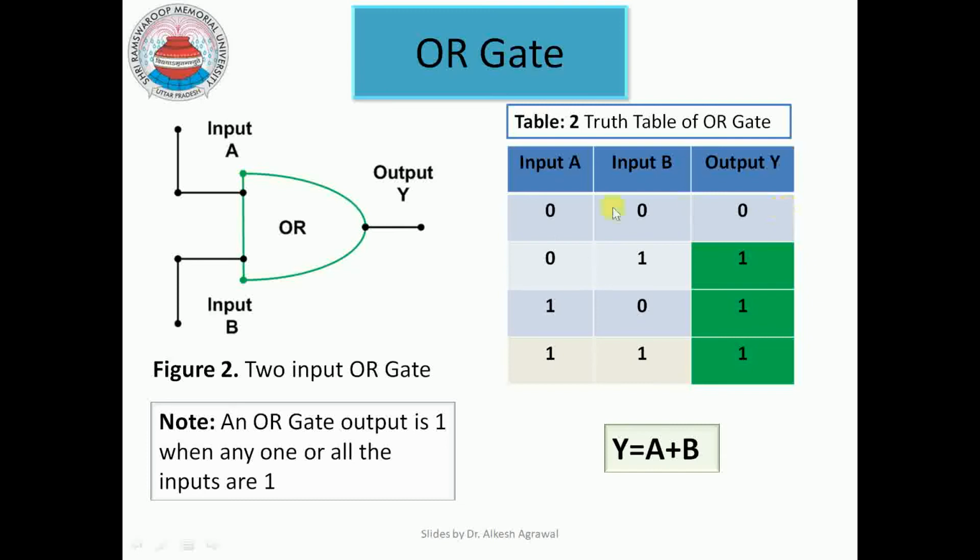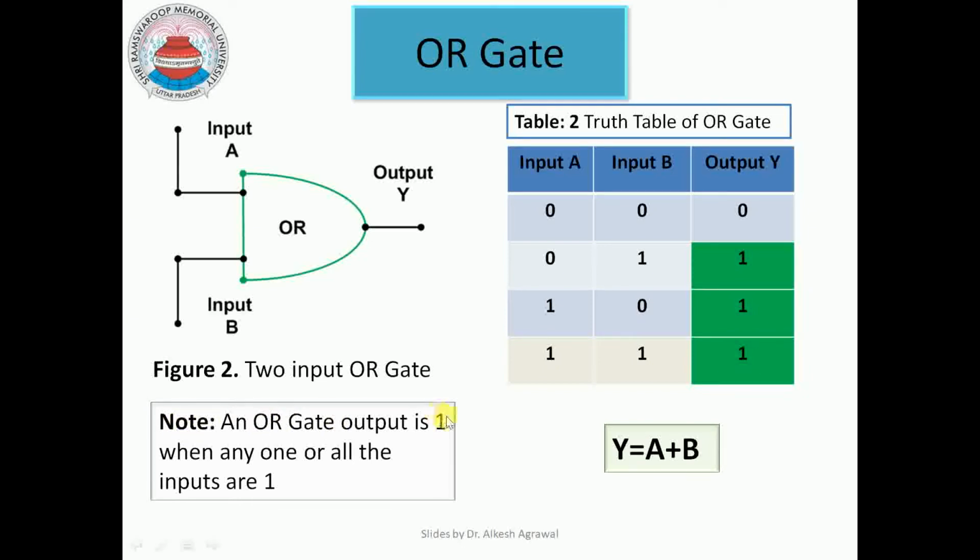If we see the truth table of this OR gate, we see that when all the inputs are low, that is 0 0, output is low. But in all other conditions, when any one input is high, that is input B is high, we have output high. Input A is high or 1, we have output is high or 1. And if both inputs are high, we again have output is high.